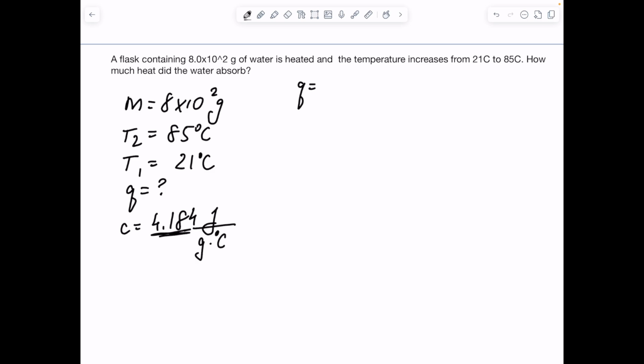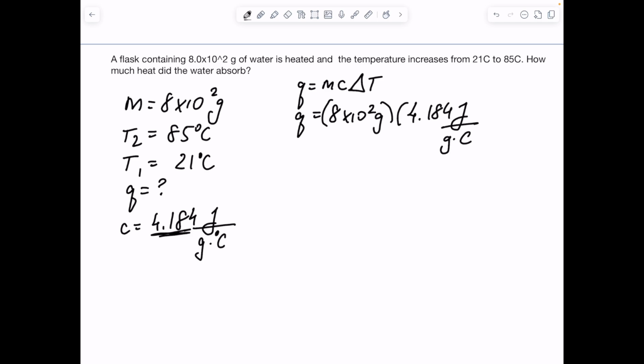We have our formula, Q equals mc delta T. We're trying to find Q, so we don't know that value. We have the mass, 8 times 10 to the 2 grams, times the specific heat capacity, 4.184 joules per grams Celsius. And we have T2 minus T1, our delta T. So it's going to be 85 degrees Celsius minus 21 degrees Celsius.